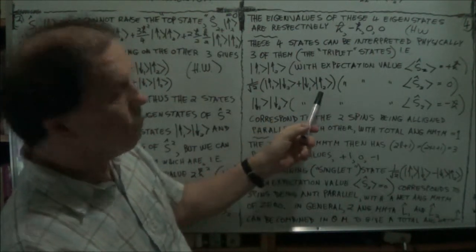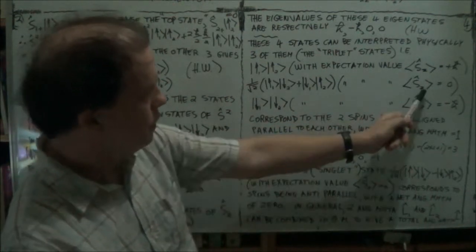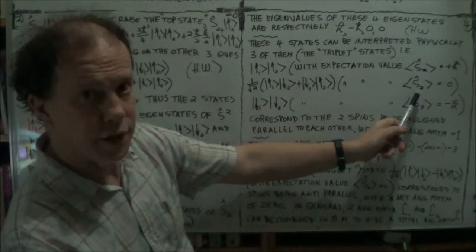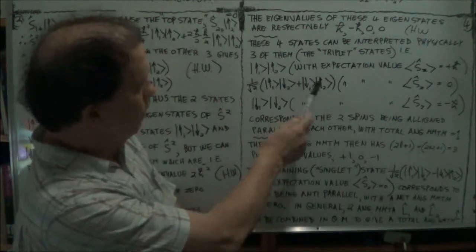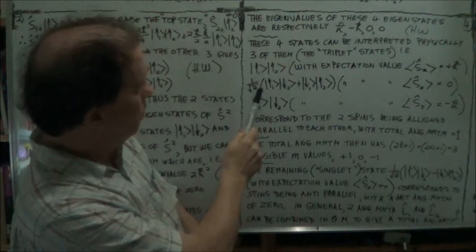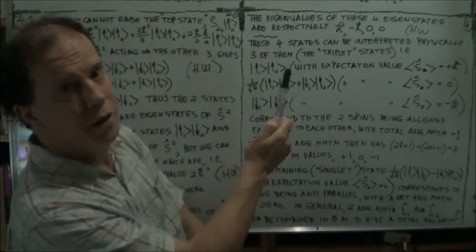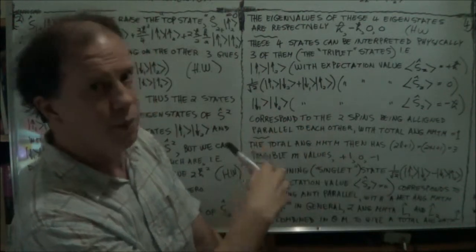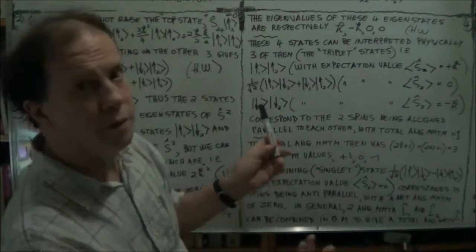So there are 4 terms: 2 terms here and 2 terms there, from S1z plus S2z. There'll be 2 minuses and 2 pluses, and they cancel, and hence you get 0.